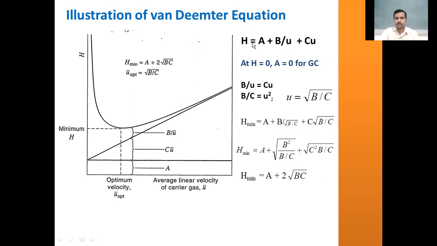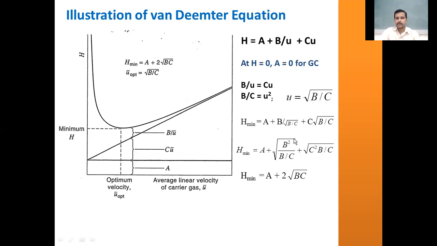You put these values into this equation, you will end up with B by C is equal to U square. So U is equal to square root of B by C. To put this square root of B by C in place of U, you will get H minimum is equal to A plus B by square root of B by C plus C into square root of B by C. If you rearrange this, H minimum is equal to A plus, this B can be written as square root of B square, so square root of B square divided by square root of B by C. Plus this C can be written as square root of C square, so this whole term will come as square root of C square into B divided by C. Right.